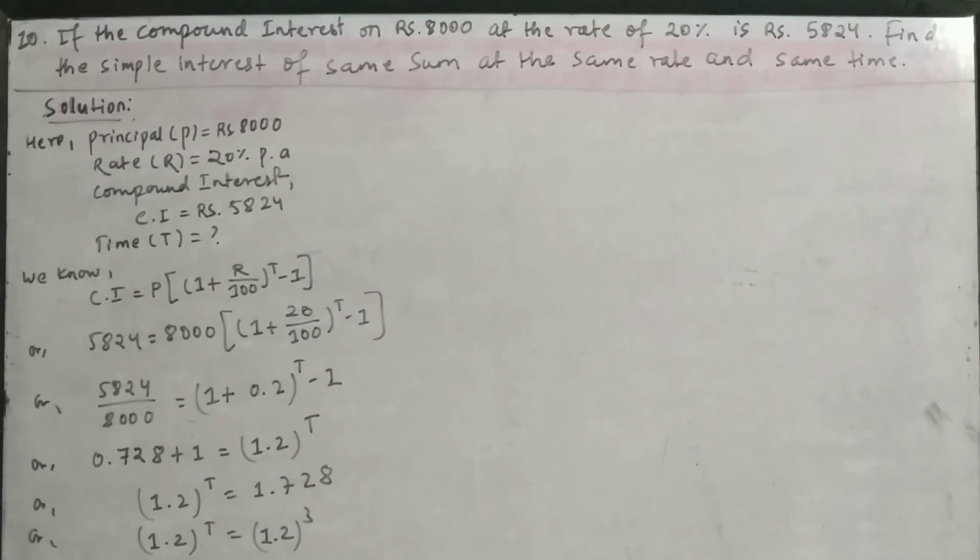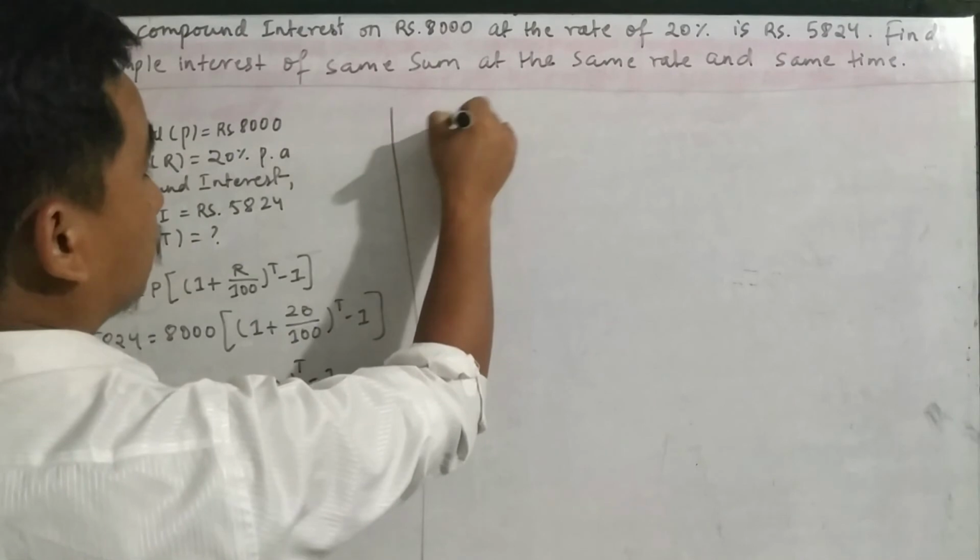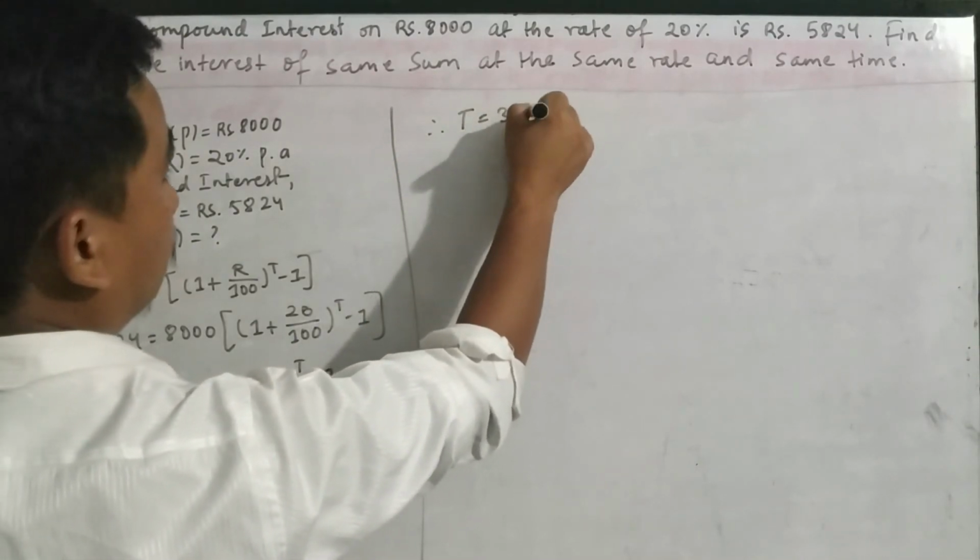By equating the corresponding value, we can get t equals 3 years.